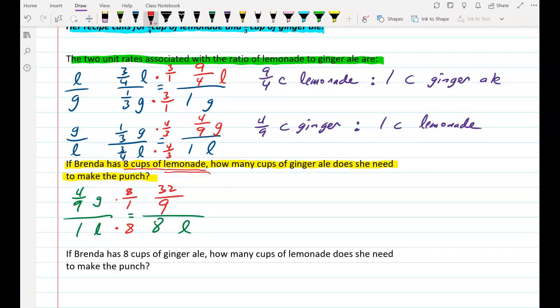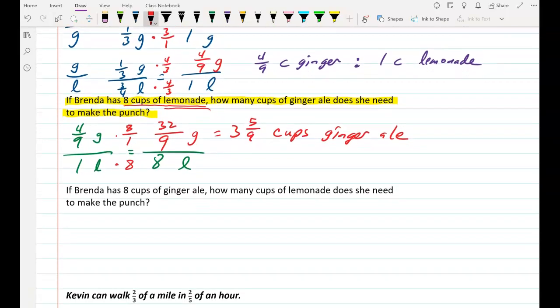But let's change this, and that's ginger ale. Let's change 32/9. How many times will 9 go into 32? That would be 3 times. And I will have, let's see, that's 27, so I will have 5/9 left over. So I need 5/9 cups of ginger ale if I am using 8 cups of lemonade.